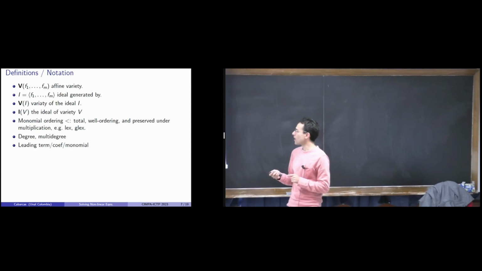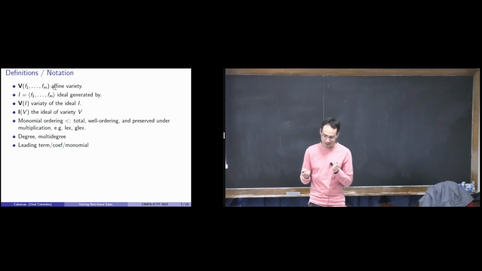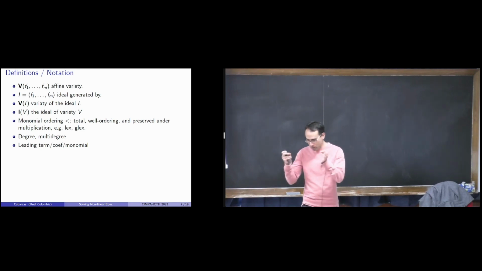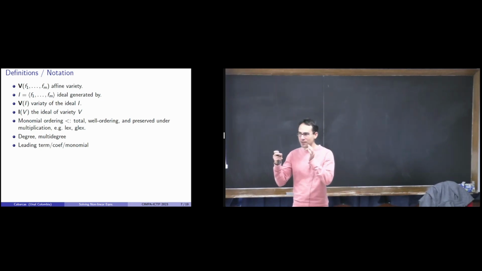You can also talk about the variety of the ideal, and that would be denoted by V of I. And this is the set of all tuples that are satisfied for every polynomial in the ideal.